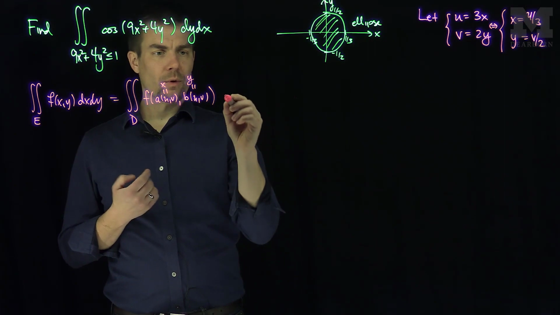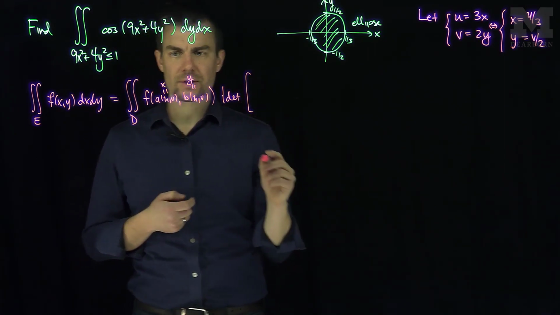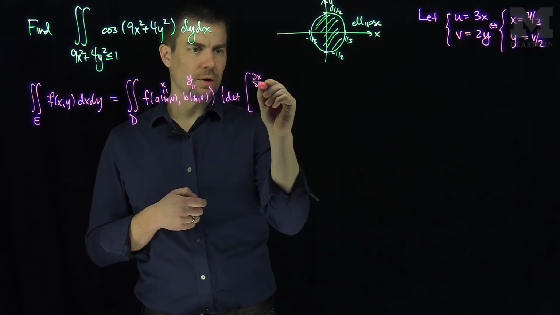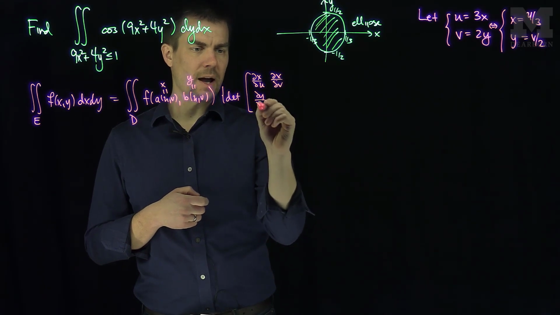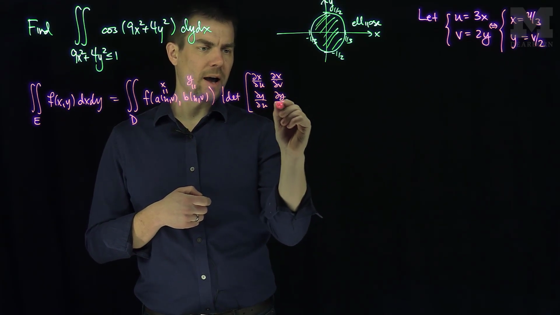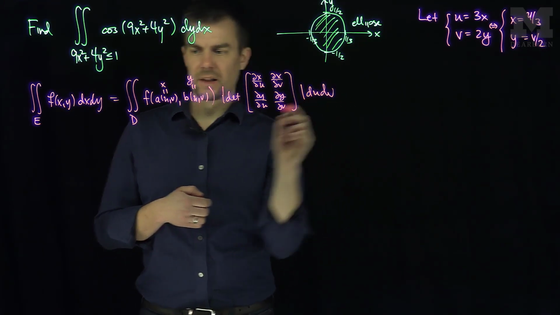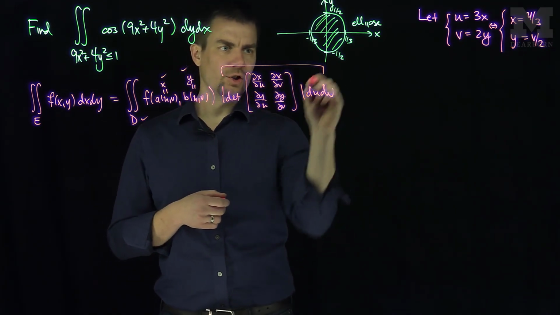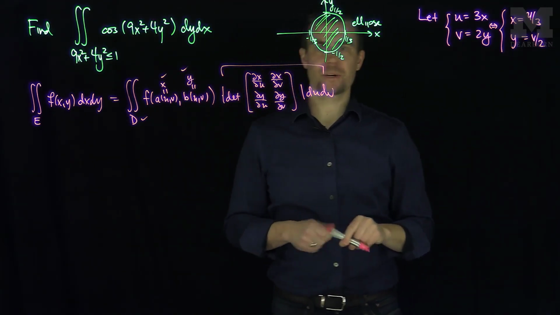And then we have the absolute value of the determinant of this Jacobian matrix, which is partial x partial u, partial x partial v, partial y partial u, partial y partial v, du dv. So my limits of integration change, my variables x and y change, and my differential changes according to this Jacobian rule. Okay? So let's find what this Jacobian is going to be for our problem.